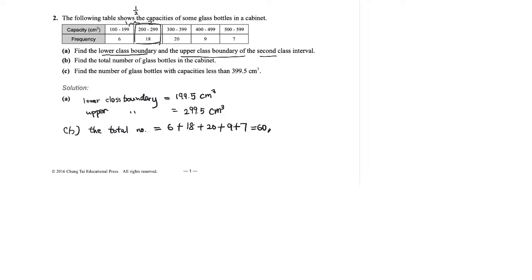Okay, and then if you are going to find out less than 399.5, that means now you will add up these three. That is why the number equals 6 plus 18 plus 20, which equals 44.